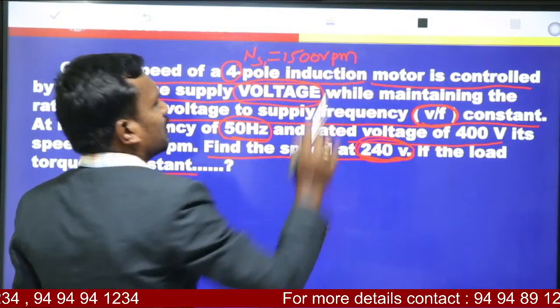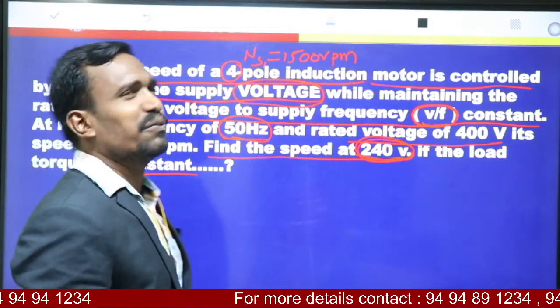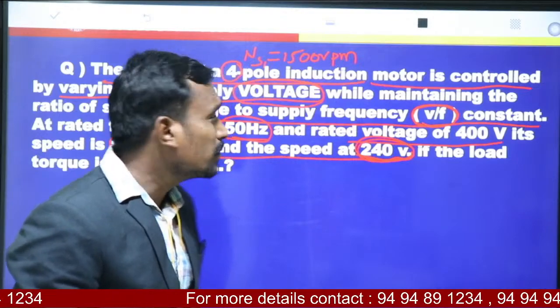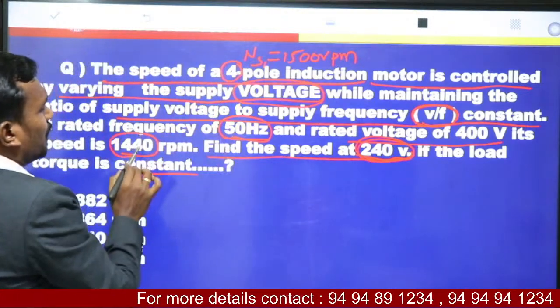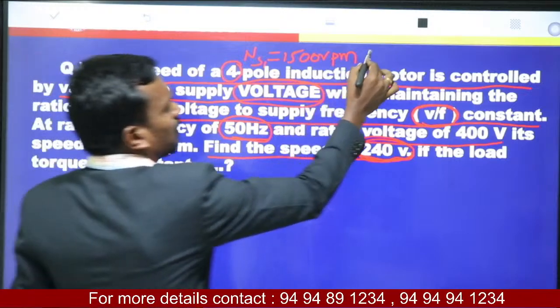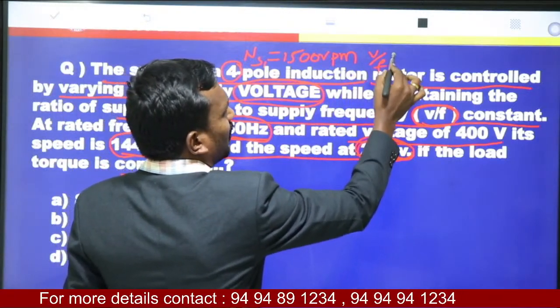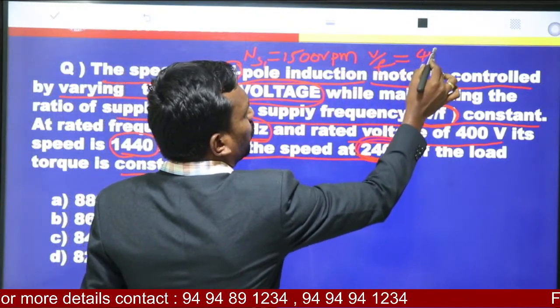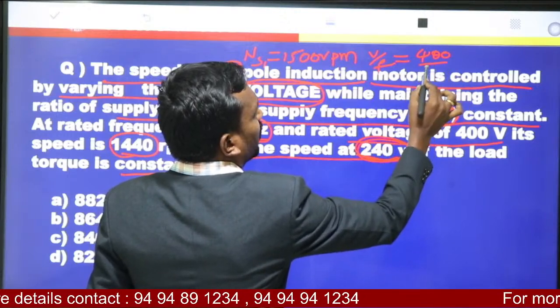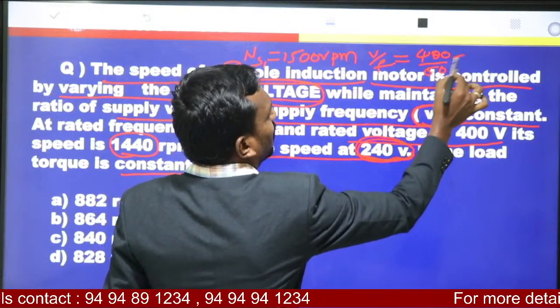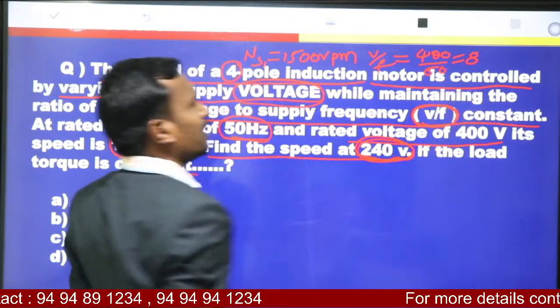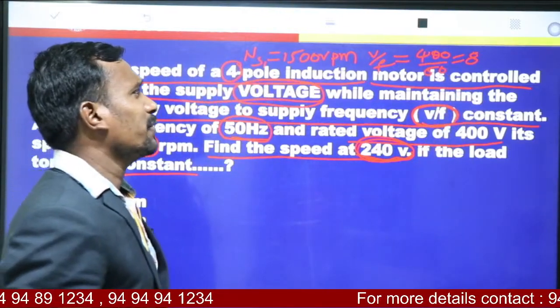At starting my synchronous speed is 1500 rpm, my voltage is 400 volts. What is V by F ratio at starting? My voltage is 400 volts and my frequency is 50 hertz, so my V by F ratio is 8.